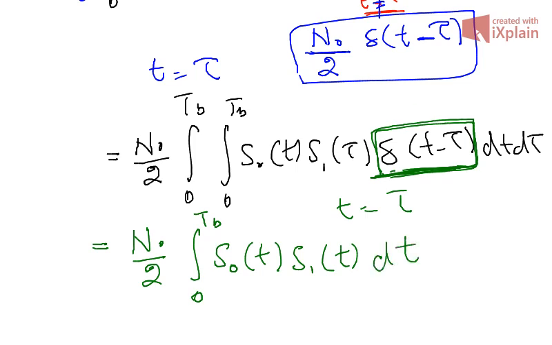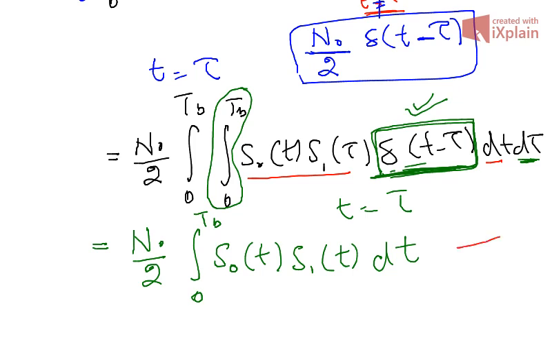Integrating this delta, we are just consuming one integral with the delta. If you substitute t equal to tau here, you would get 1 for this one. So the remaining part is this and this, which I just rewrite over here in this equation.